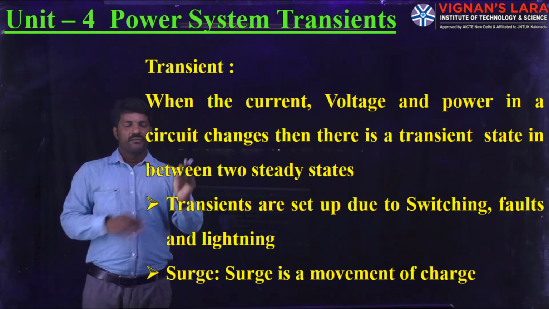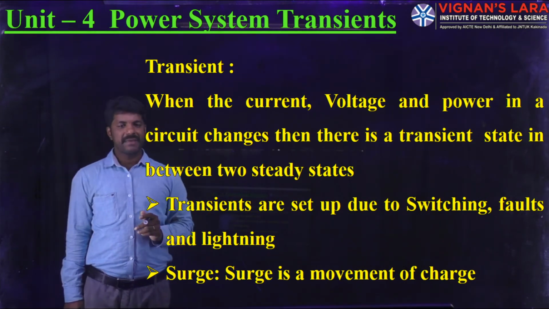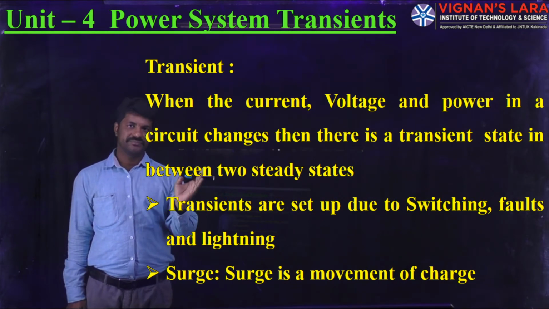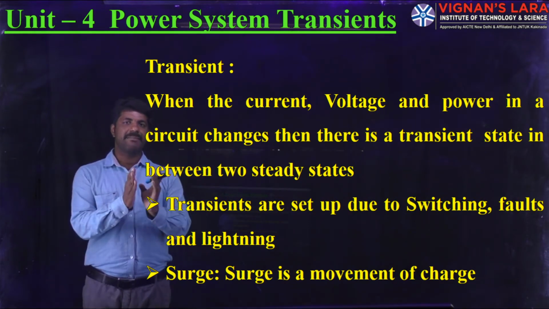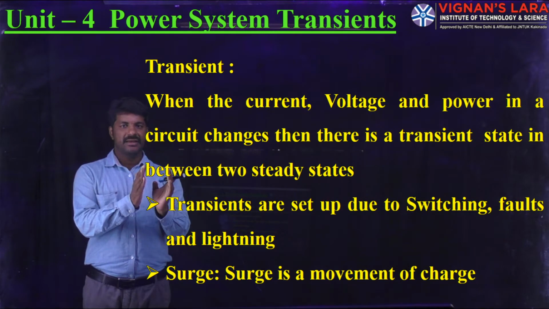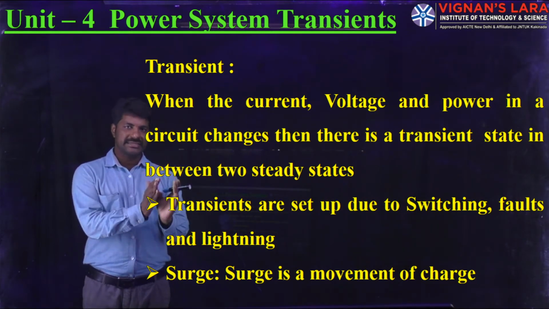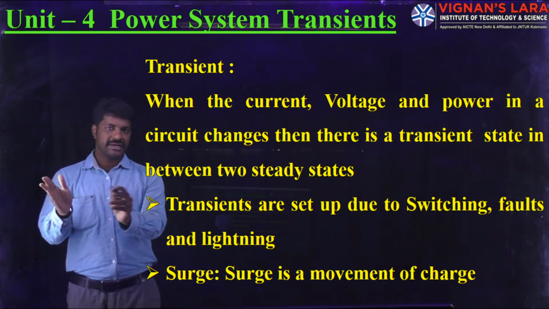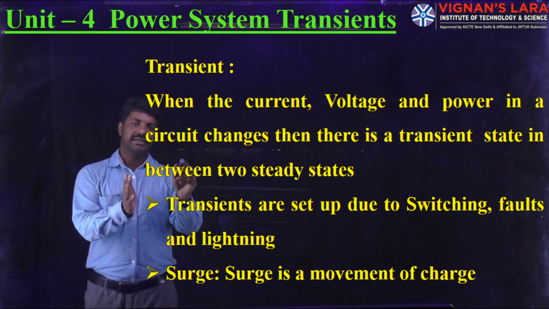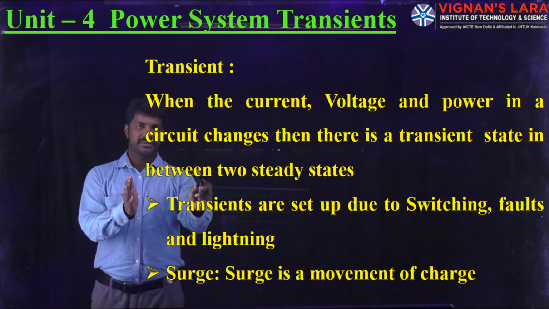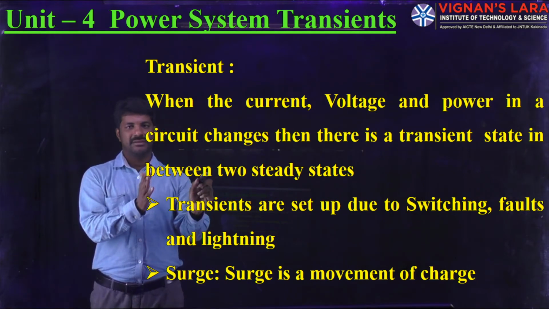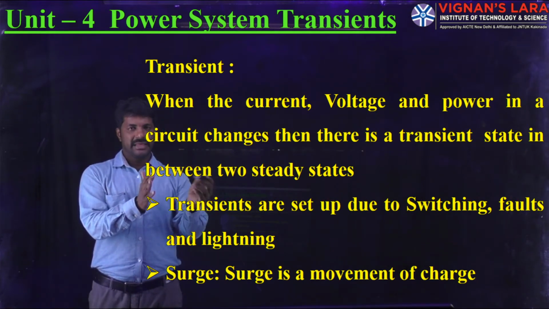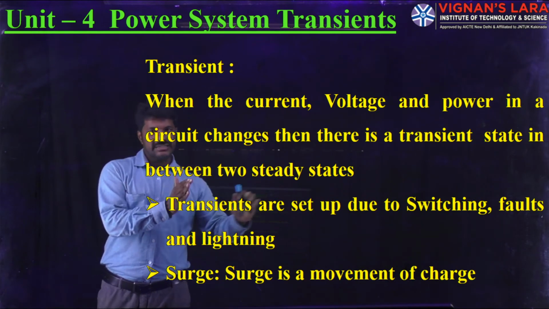For a short period of time, these magnitudes get changed, so a variance in the magnitudes is observed after the occurrence of the transient. The period before is called the steady state period; after the changes are imposed, it will again settle into steady state values.